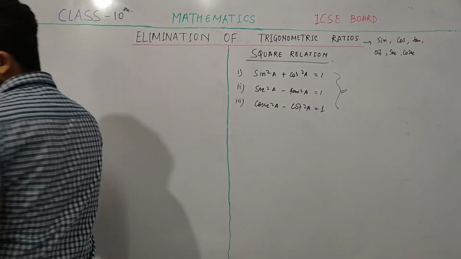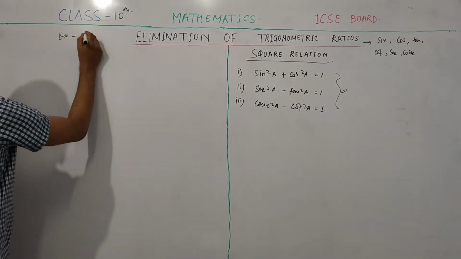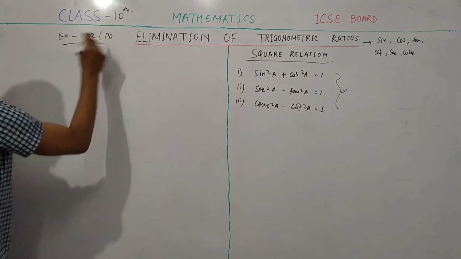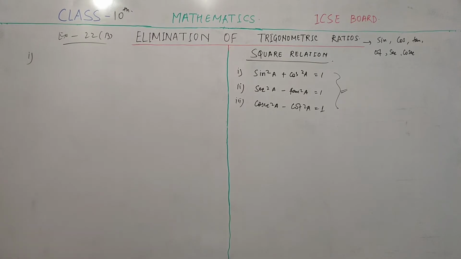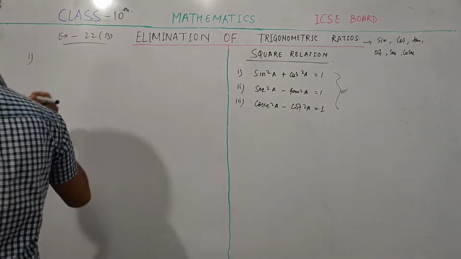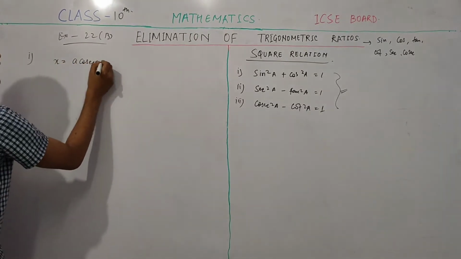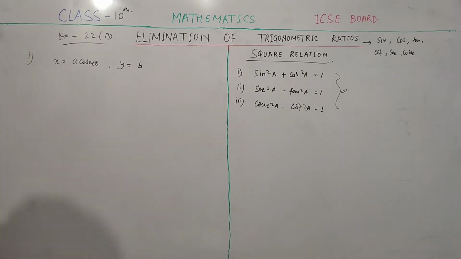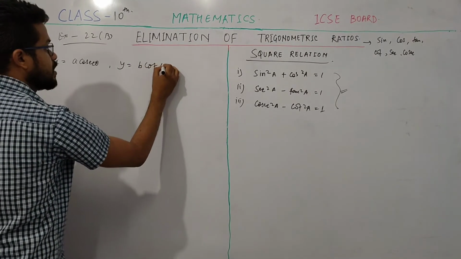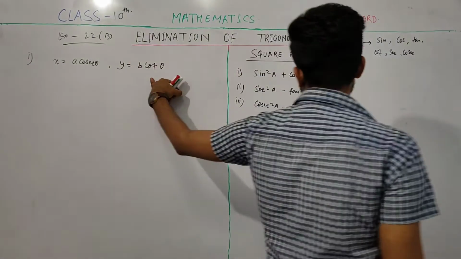First question is eliminate theta between the given equations. First one is x is equal to a cosec theta and y is equal to b cot theta. So this is cosec theta and this is cot theta.